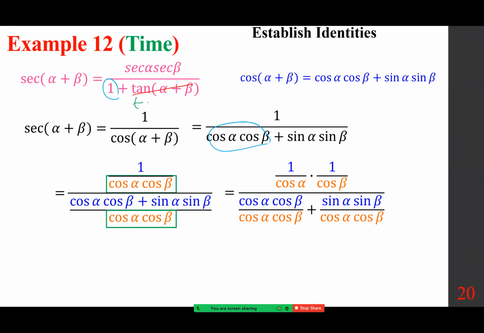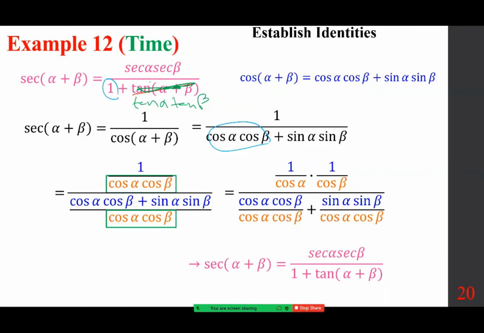This is supposed to be tan alpha, tan beta. This is tan alpha. This is tan beta. So there was a typo there. I just fixed it.